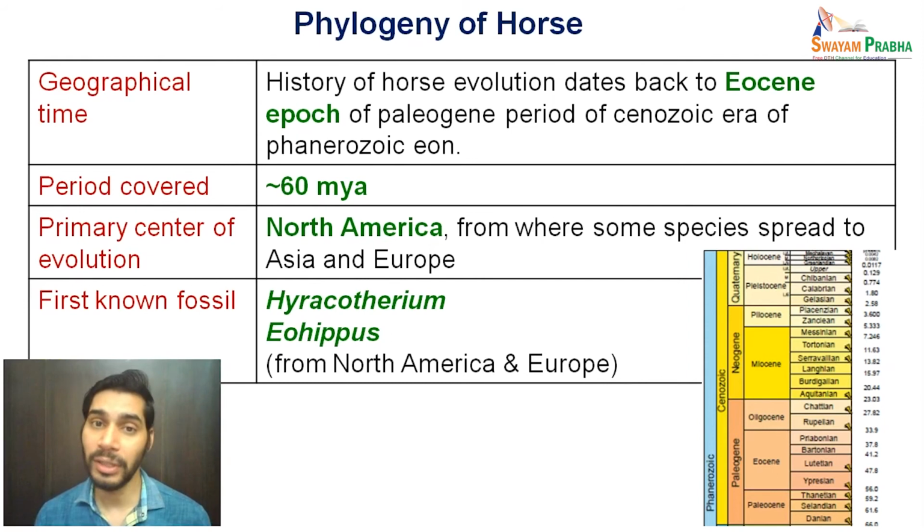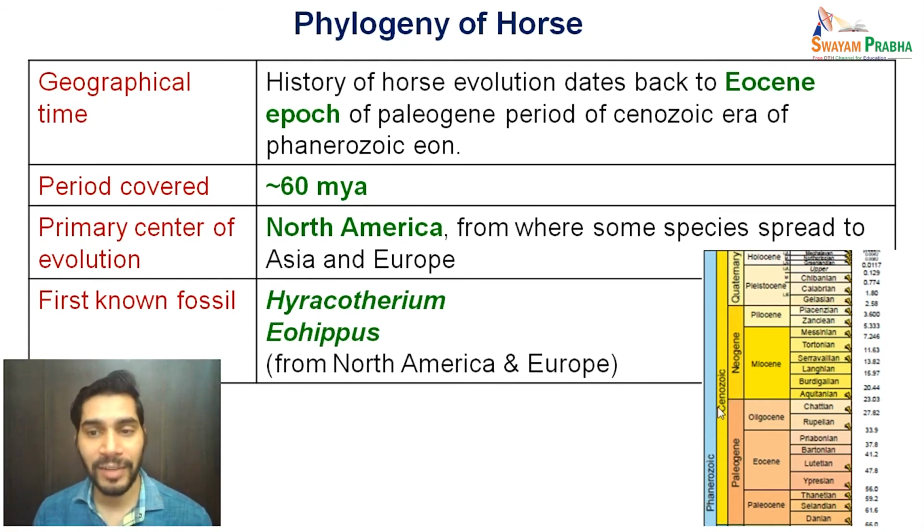So the fossil record of the horse has been found to date back to the Eocene epoch of the Paleogene period of the Cenozoic era of the Phanerozoic eon. As you can see in this screenshot, there is the Phanerozoic eon.